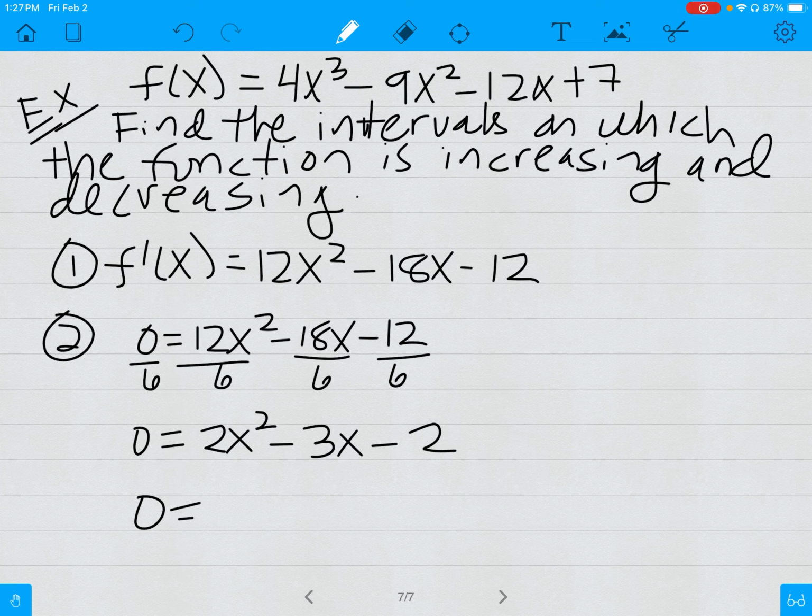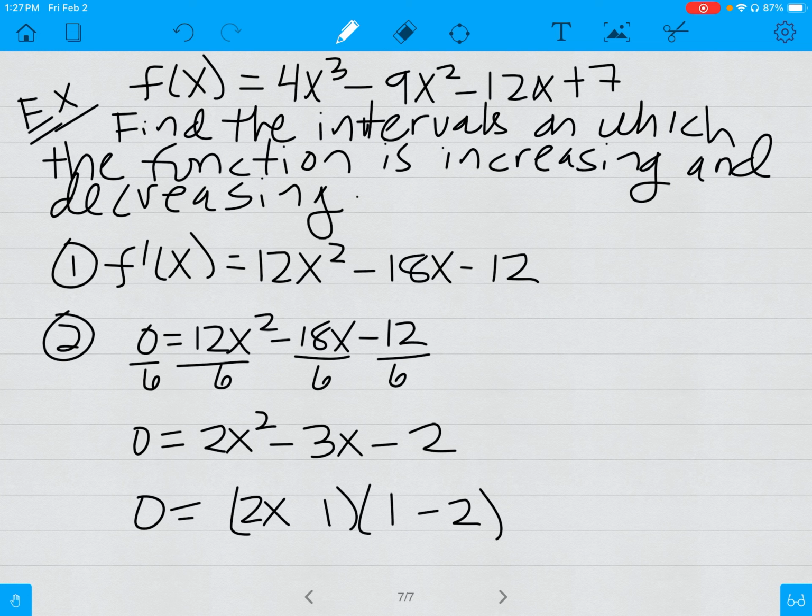And then again, here we can either factor or use the quadratic formula. To factor this, you can use whatever method you're most comfortable with. I tend to just use the trial and error method because that's how I learned. But you certainly don't have to do it that way.